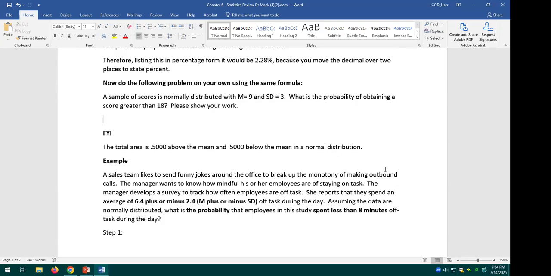And then we looked up z in the table, and we looked at column C, which is the towards the tail, which is p = 0.0013 or 0.13%. Because if you multiply it by 100, you move the decimal over 2 places to make it into a percentage. So we just cross-reference the table to get to that.